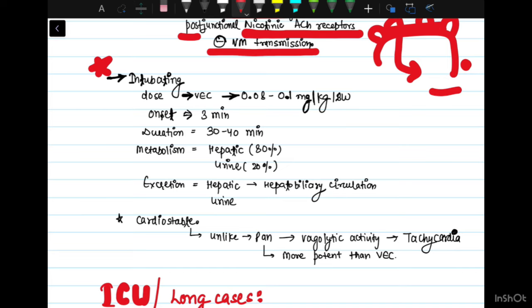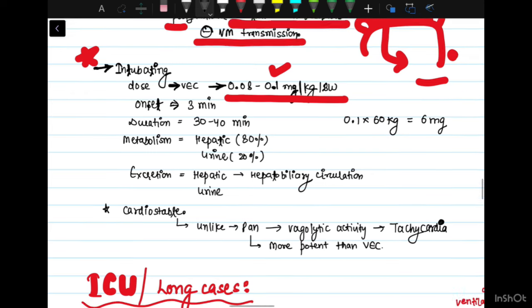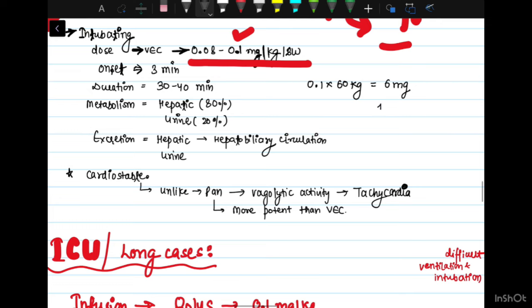The intubating dose is 0.08 to 0.1. If you can't remember two values, just remember 0.1 mg per kg of body weight. What does that mean? 0.1 into, suppose the patient's weight is 60 kg, so you're going to give 6 mg, or after dilution, that means you'll be giving 6 ml. Now, how do you get that 6 ml?